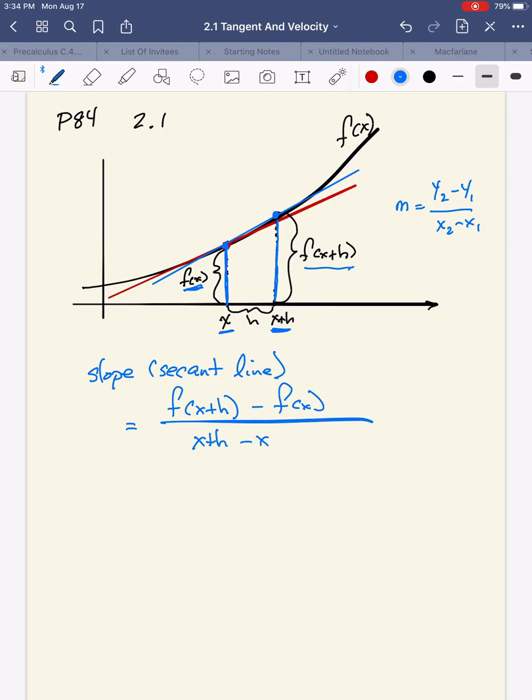Now, notice in the denominator that the x's go away, so the slope of the secant line ends up being f of x plus h minus f of x over h.